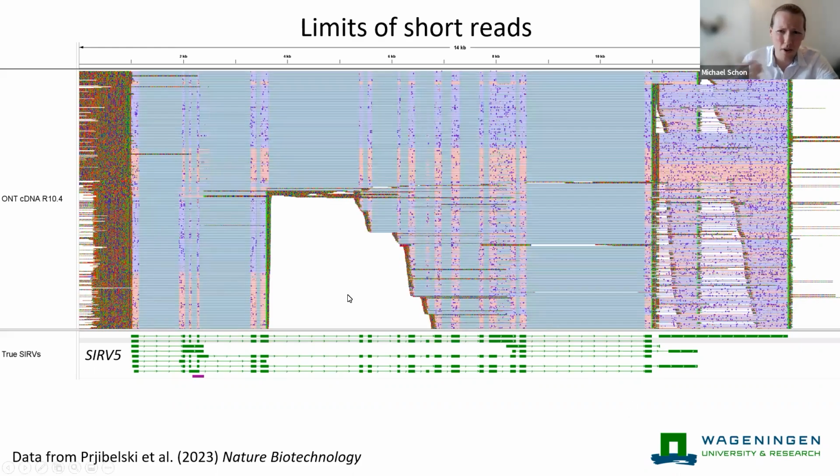I showed you PacBio reads before, but this is long read data on the SIRV molecules from a paper that came out in the spring, just a month or two ago. And this is Oxford Nanopore direct cDNA sequencing of the SIRV molecules.